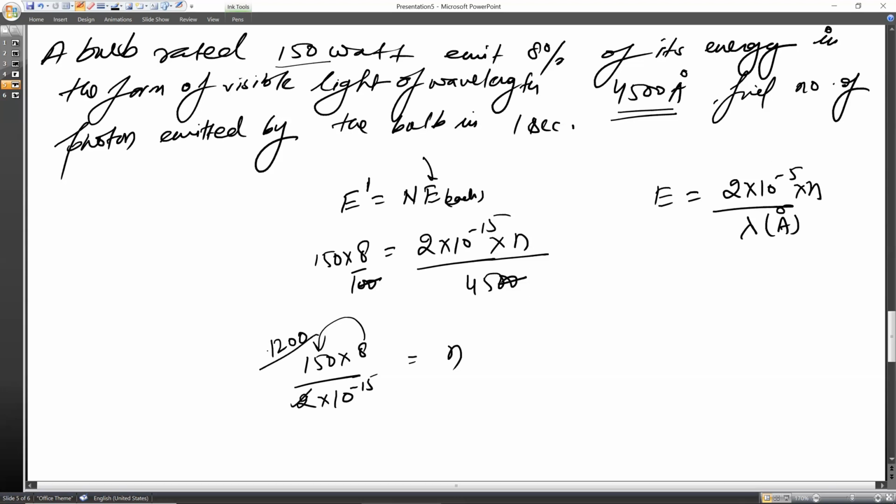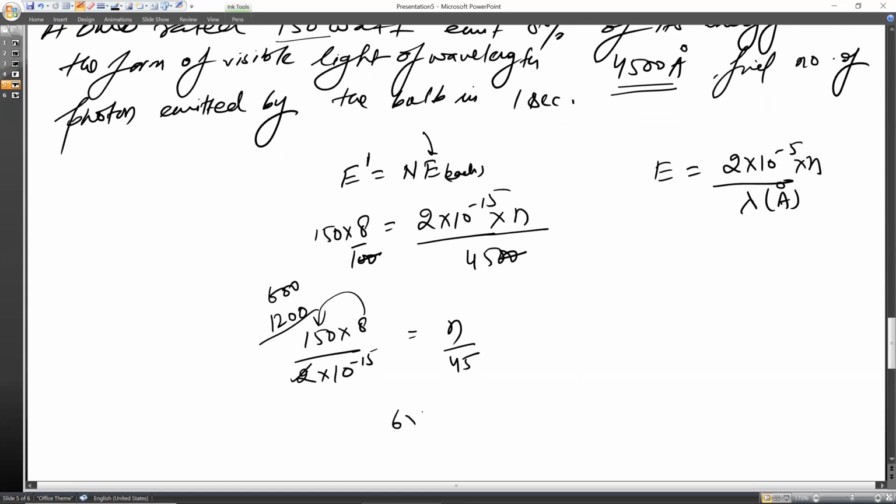Then 1200 when divided by this one, you will get 600. And this is 45 here also, so this 45 is going to multiply with this one also. So 6 into 45 upon this 10 to the power minus 2, and this will be 10 to the power 17, because 20 from this one and 15 from this one, it will be 17, is equal to n.